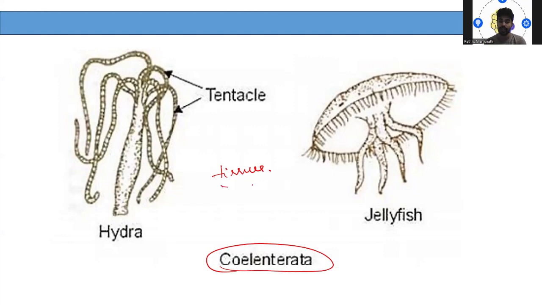Hence, it is called the tissue level of organization.